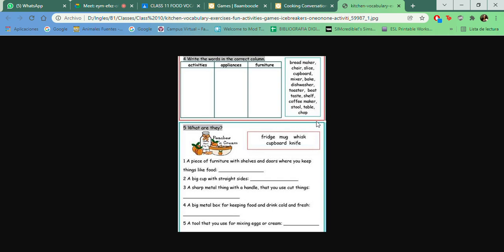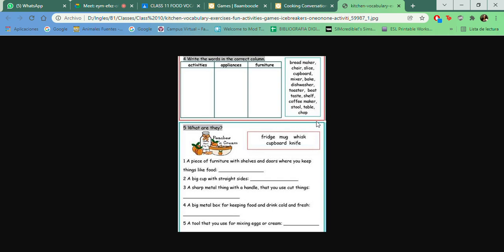And the appliances are bread maker, mixer. The verb was mix. Sorry, coffee maker. Yes. What else? Toaster, and that's it.